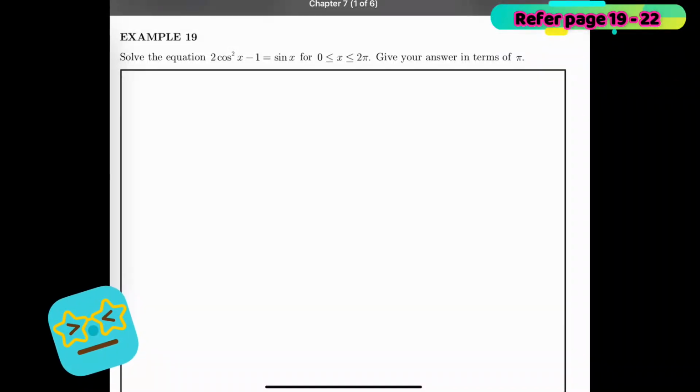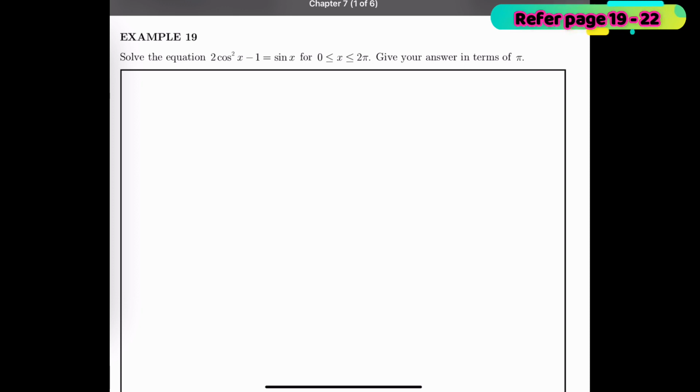Example 19. We have to solve the equation 2 cos square x minus 1 equals sine x, and we have to give the answer in pi. So let's start. We know that cos square x plus sine square x equals 1.